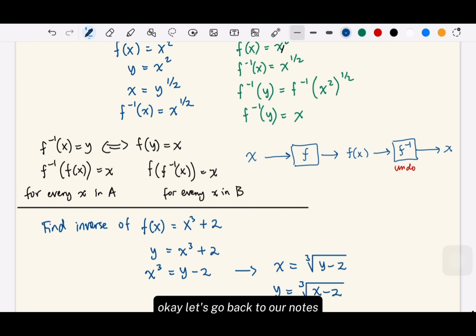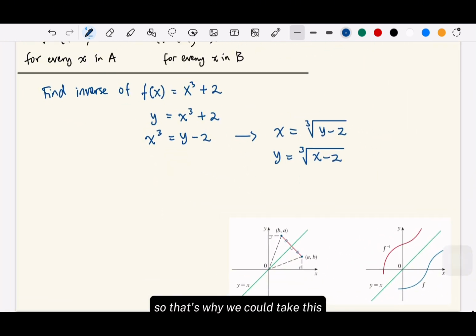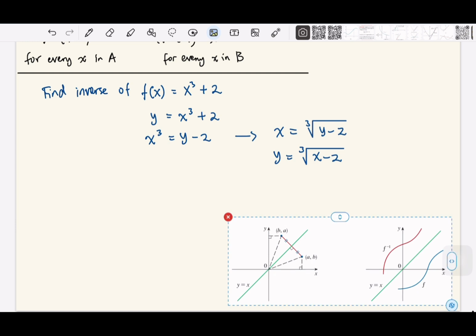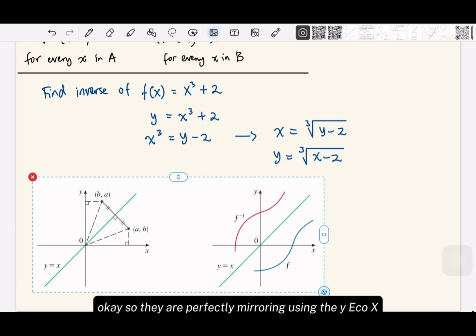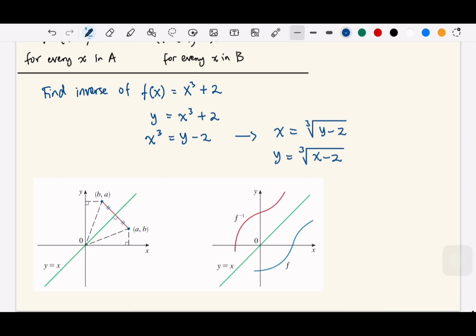Okay, let's go back to our notes. So that's why we could take this. They are perfectly mirroring using y equals x.